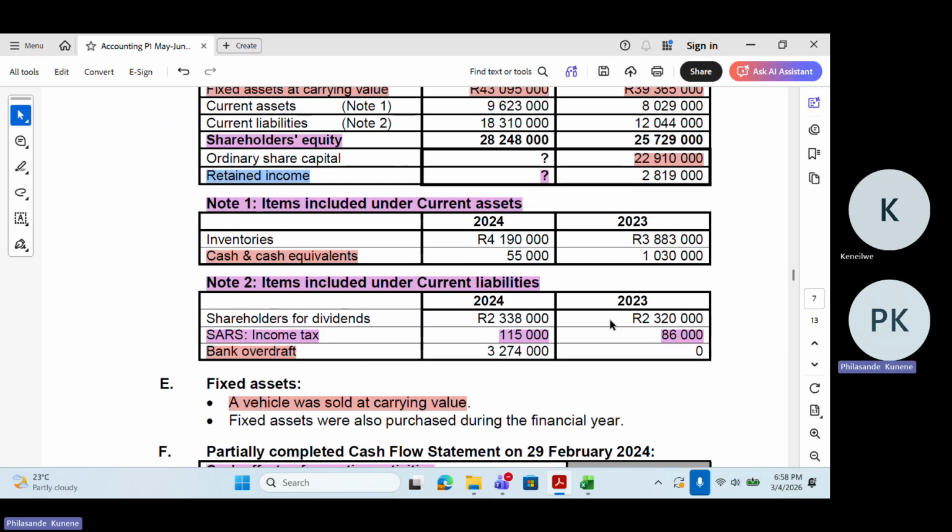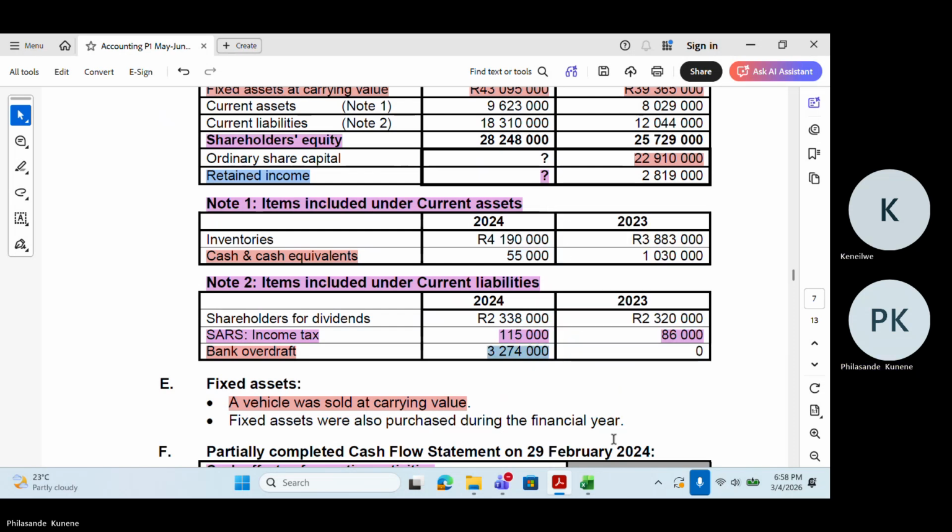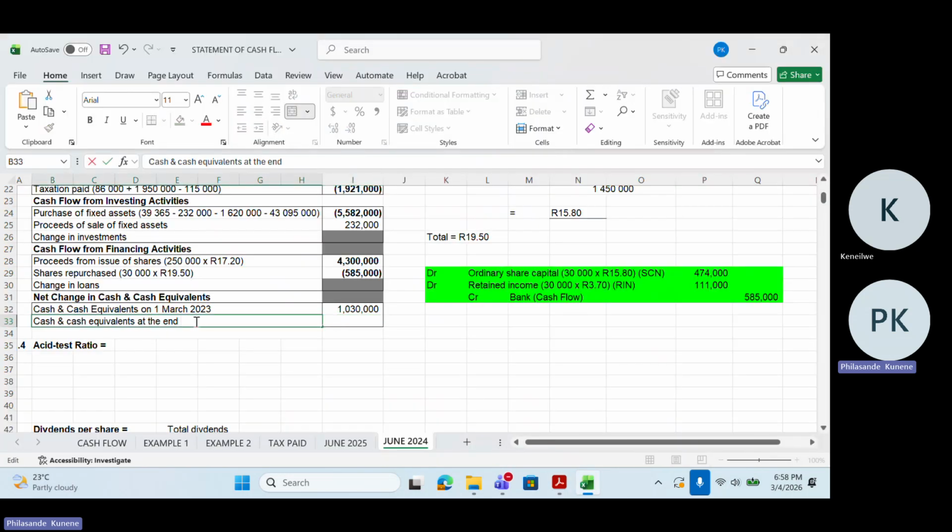You said 55,000 minus this one, yes? Yes, because we have a bank overdraft, but we have cash and cash equivalents, which is positive. Probably this is petty cash or a cash float, and then what is sitting in the bank is negative. It's an overdraft. So we're supposed to say 55,000 rand minus that 3,274,000.